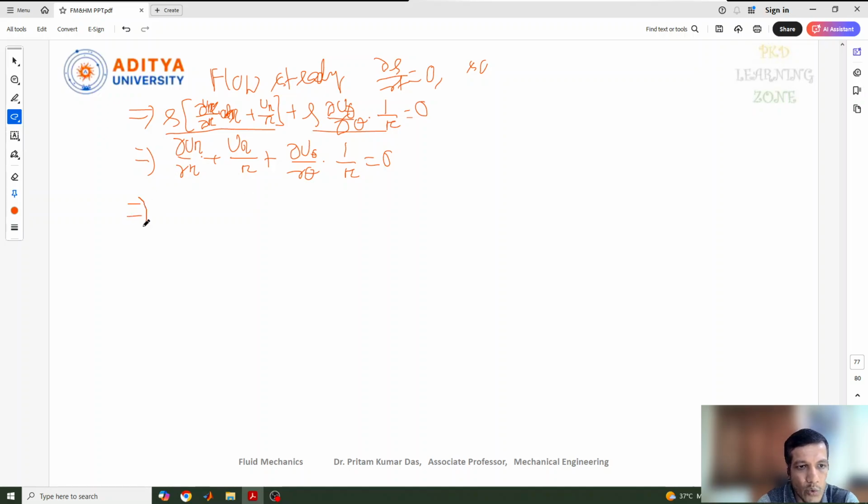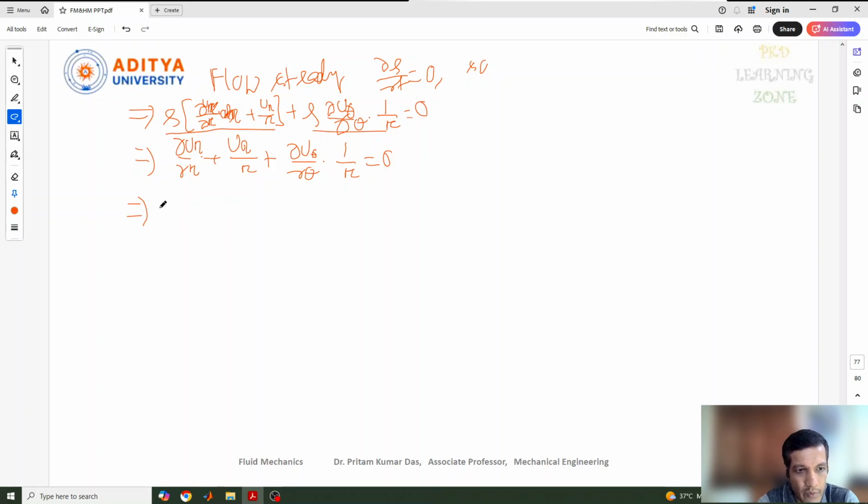So next what I'll do, ∂ur/∂r, and here I'll take r common outside. If I take r common out, then r is going to be multiplied in this, and here r is going to be cancelled. I have just taken the r common outside here.